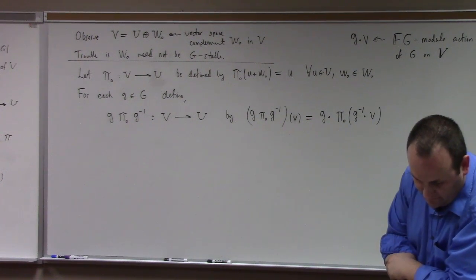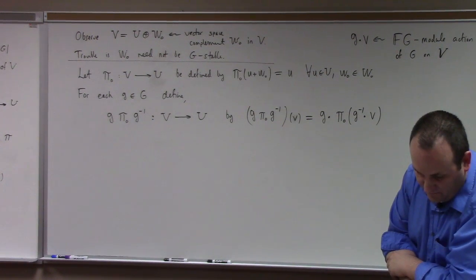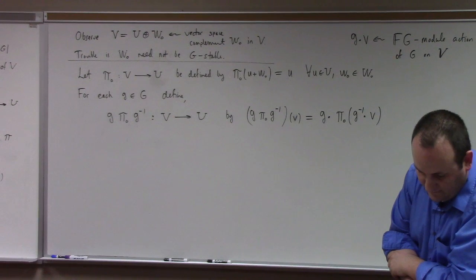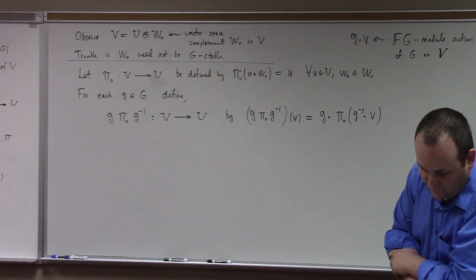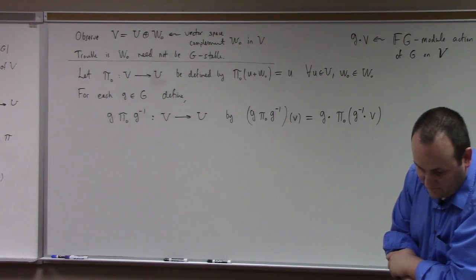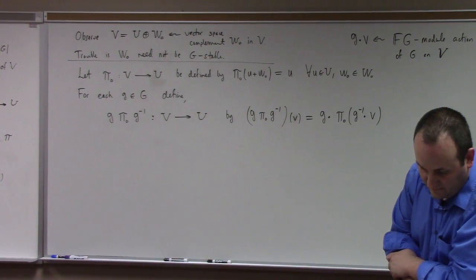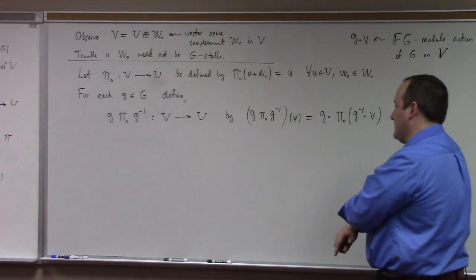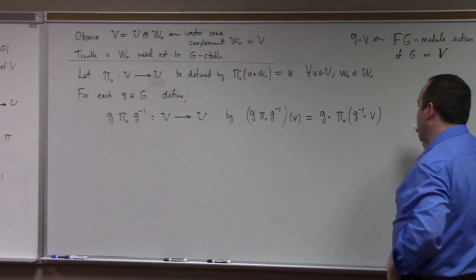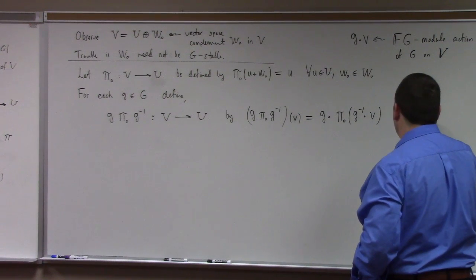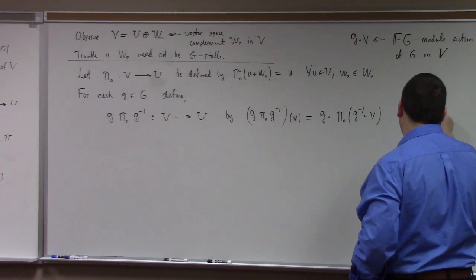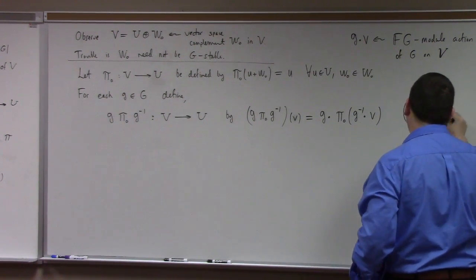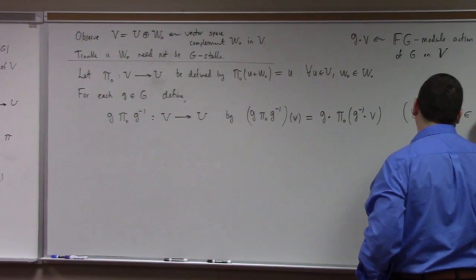And he says, furthermore, if u is in the G-stable space U, so is g inverse u. The other point here is whether U is a stable subspace of this. In other words, if I take g pi naught g inverse of something in U, do I get back an element of U again?